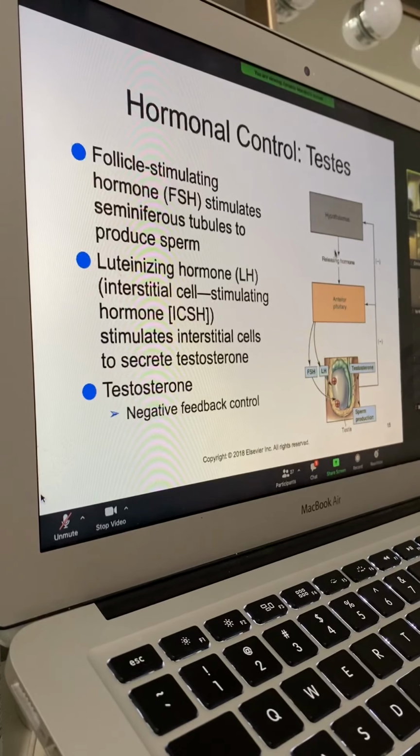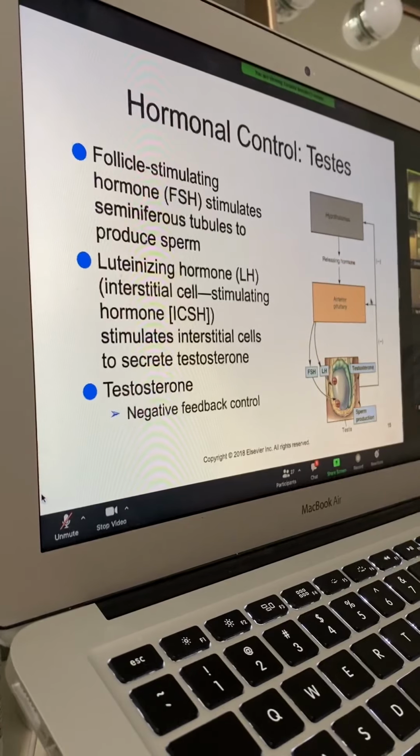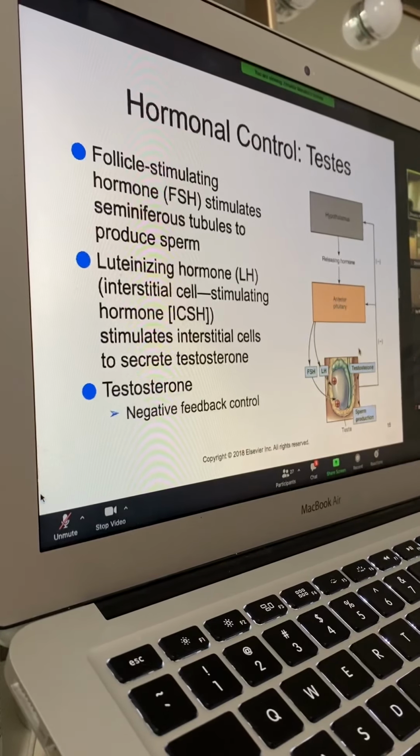What else? So the hypothalamus controls a lot of functions. We just took up your antidiuretic hormone by the posterior pituitary gland. Okay? So the hypothalamus controls the production of testosterone.